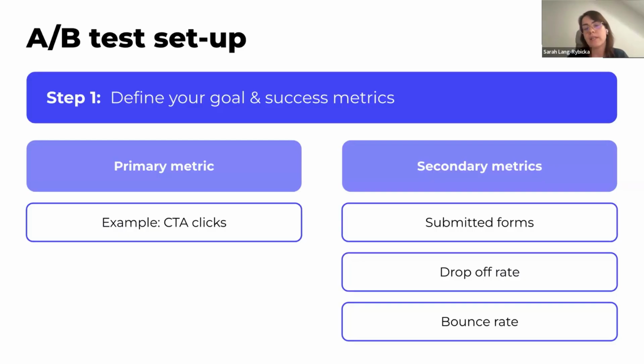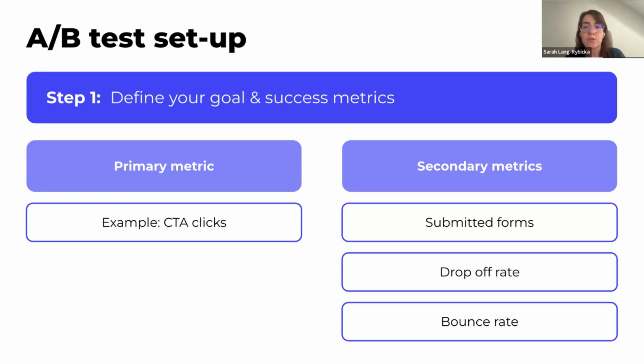The main goal usually is the metric that is directly influenced by my test setup. Ideally, though, I also look at what happens next. Are there any secondary metrics impacted, like form submissions or actions further down the user funnel?